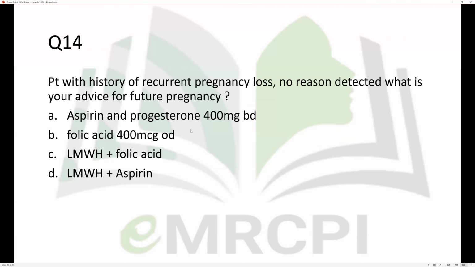So the answer most applicable for this scenario is aspirin and progesterone 400 mg twice per day. Yes, excellent, well done. So guys, be careful. If you have a choice of folic acid 400 micrograms, this is not the one to use in recurrent miscarriage.